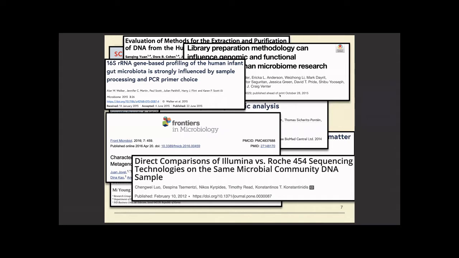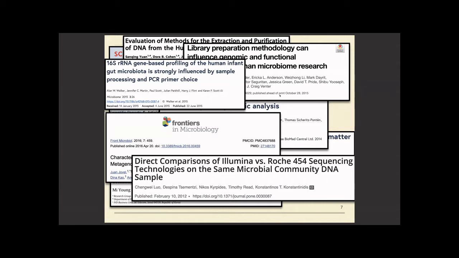And so if all of these steps have an impact, what can we do with the data that they generate? All of this work, of which there are hundreds more papers, this is not an exhaustive list, hundreds more papers on the subject of what is the impact of upstream lab choices on resultant microbiome profiles, as well as, of course, bioinformatics choices, such as were discussed this morning.